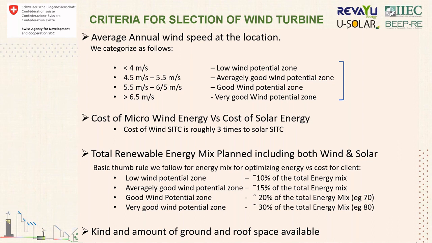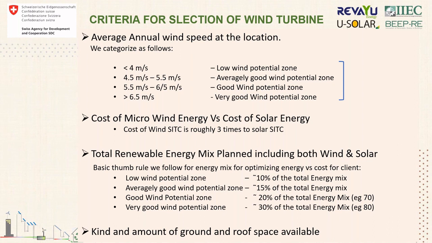In low wind potential zone, if you are keen, you can have say around 10% of the total capacity as wind, because when solar potential is less, that's the time when the wind potential increases, and it provides some additional and consistent power. Some kind of complementarity is there. So those who are keen can add about 10% of wind at low wind potential zones.